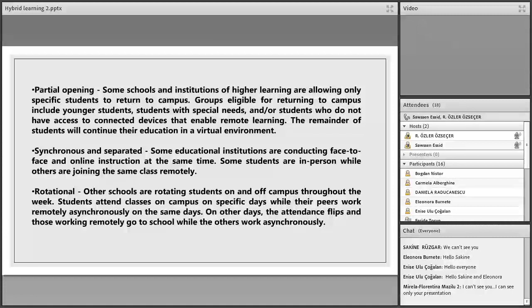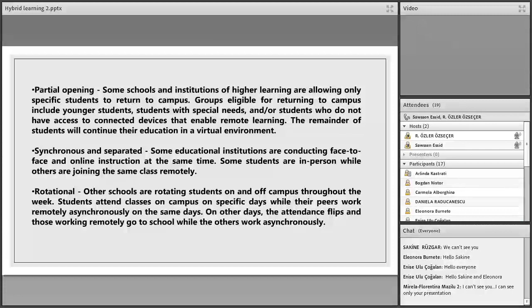By rotational, I mean that some schools are rotating, shifting or swapping students on and off campus throughout the week. Students, for example, attend classes on campus on specific days while their peers work remotely and asynchronously on the same days. On other days, the attendance flips, and those working remotely go to school while the others work asynchronously.